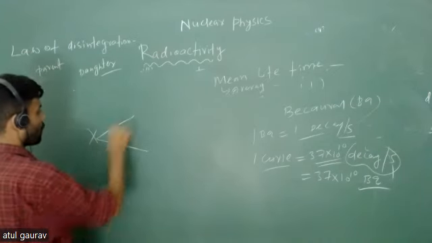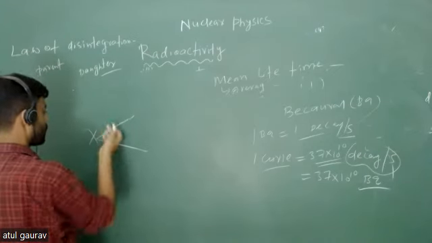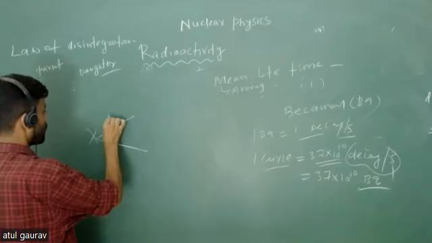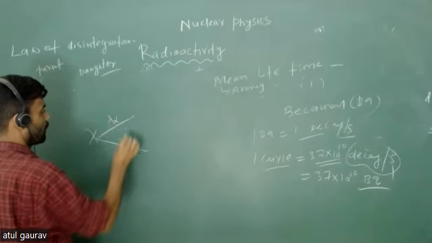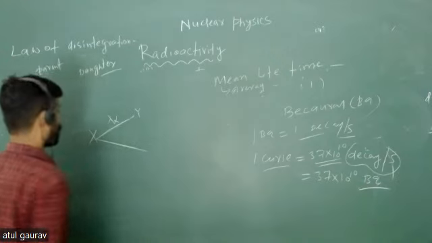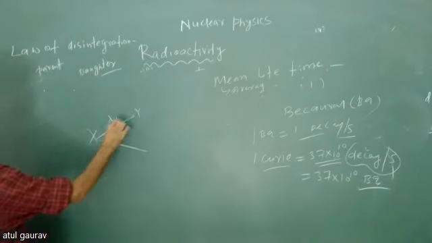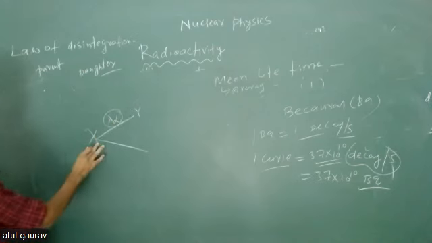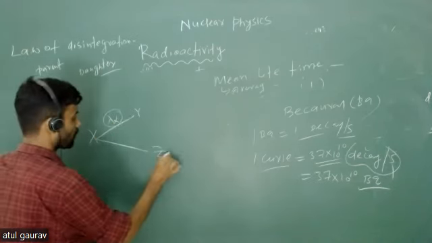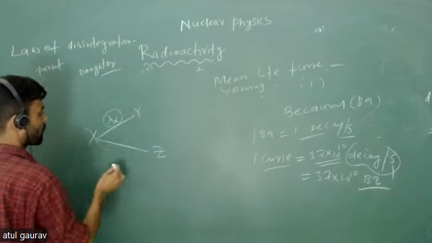Suppose your parent nuclei is going to daughter nuclei by emission of alpha and beta at the same time. By alpha decay, suppose its decay constant is lambda alpha and it is giving Y daughter. So X particle is decaying to Y by the emission of alpha. Also it can go to Z daughter nuclei by the emission of a beta particle.